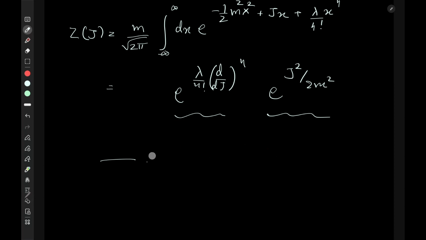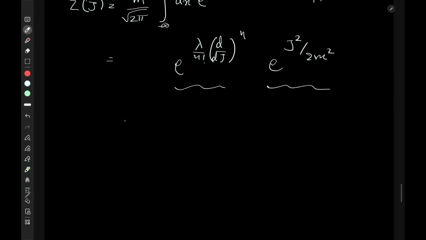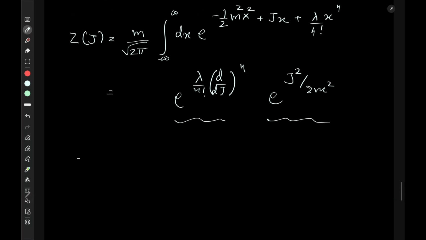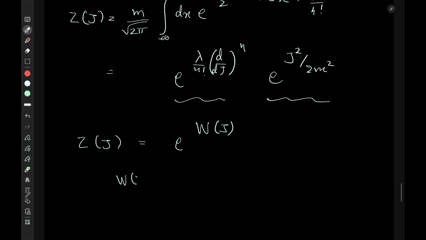So then after some thought we realized that this whole thing, this whole Z of J, can be written as e to the power of some W of J, where W of J is just the sum of all the connected diagrams, which would include this, something like this, something like this, and so on.